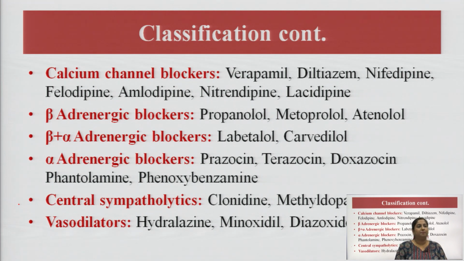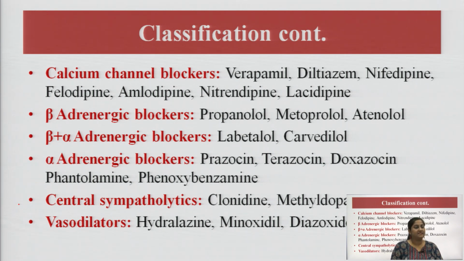Then comes beta plus alpha adrenergic blockers. In this class, labetalol and carvedilol. Next comes alpha adrenergic blockers. Here is prazosin, terazosin, doxazosin, phentolamine and phenoxybenzamine.